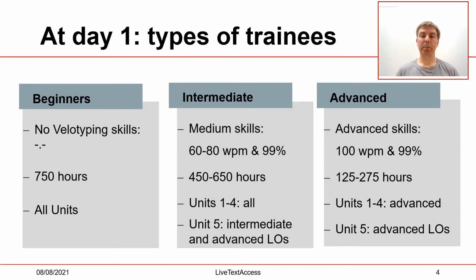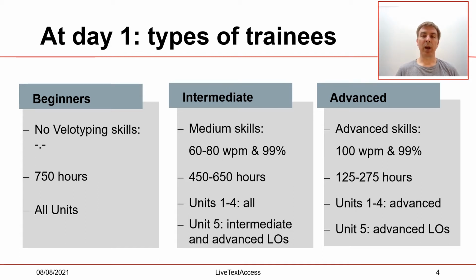Intermediate trainees are people who already have some Velotyping skills and or competence in one of the other 4 general units. Because it is quite difficult to establish a specific profile, we consider intermediate trainees all those people who have the capacity to Velotype 60 to 80 words per minute with a 99% accuracy. In this case, the course may last between 450 and 650 hours.